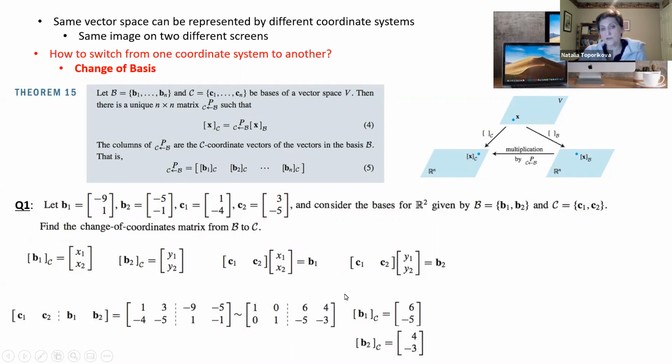And those are the vectors B1 and B2 in coordinate system C. So to compile the coordinate transformation matrix, all we need to do is write our B1 and B2 in C coordinates as the columns of the matrix, and we're all done. And if we're given any other vectors, we can easily translate them from one system to another.